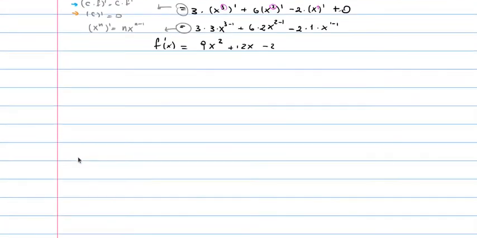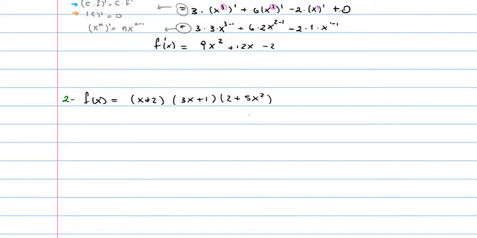And now we move on to the second example, the second problem. Now f of x is going to be a bit more complicated. It is x plus 2 times 3x plus 1 times 2 plus 5x squared.